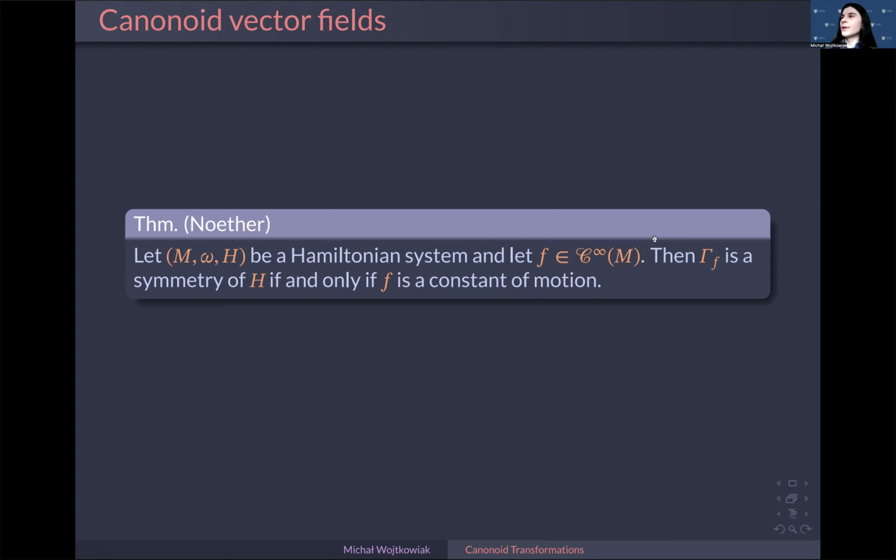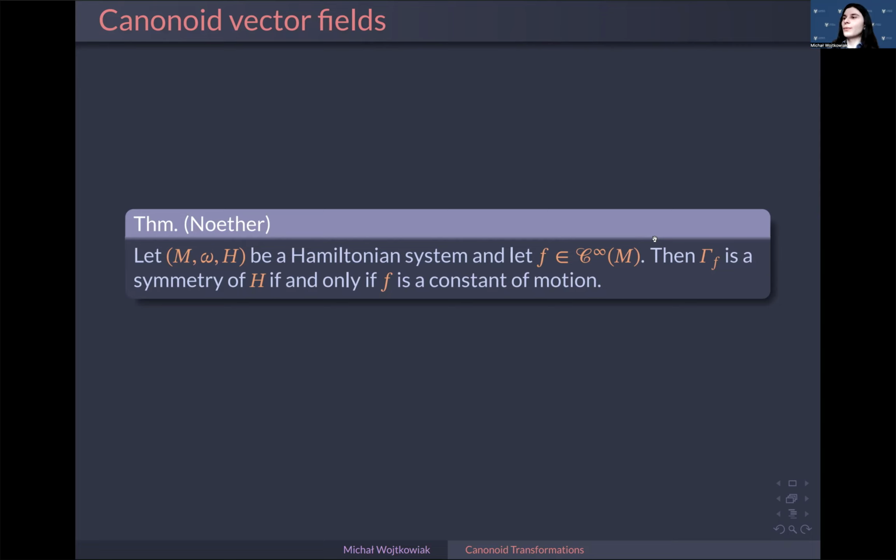And furthermore, then that vector field can be associated with a canonical transformation. And the question is whether we can find a similar theorem for canonoid transformations. So are canonoid transformations in any way related to constants of motion? And the answer is yes, but it's a bit more nuanced than that.